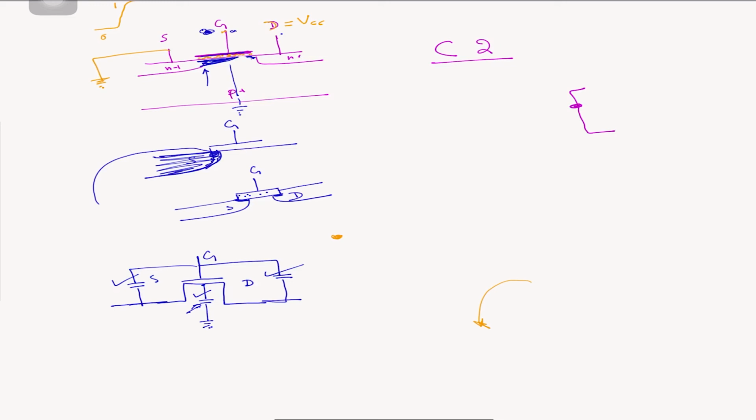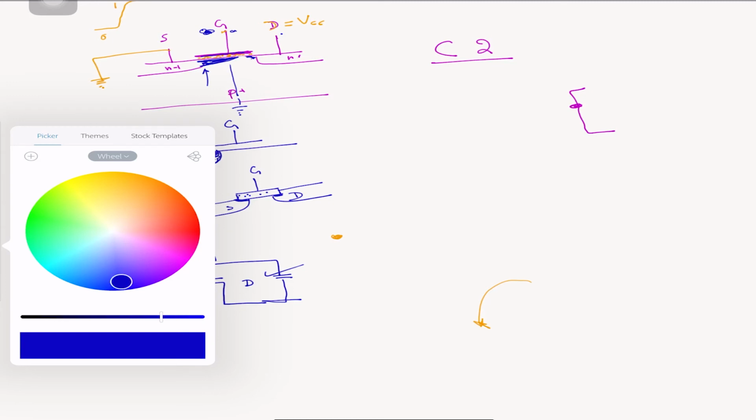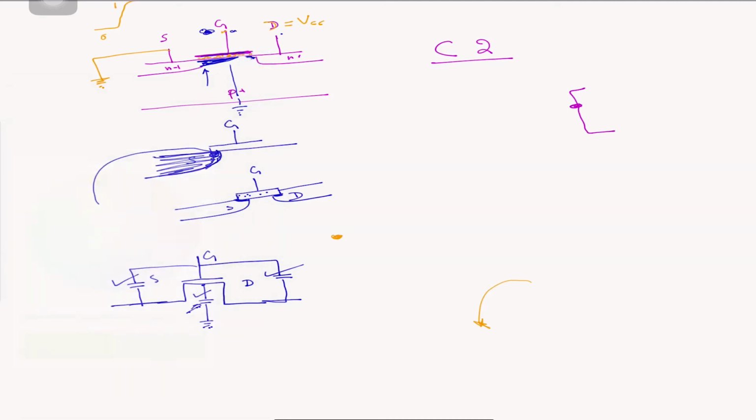As I mentioned, and let's change the color, everything will be the same. So this is N plus and this is P. And as I told you, the P is connected to ground. And before the NMOS started, our drain was at VCC.